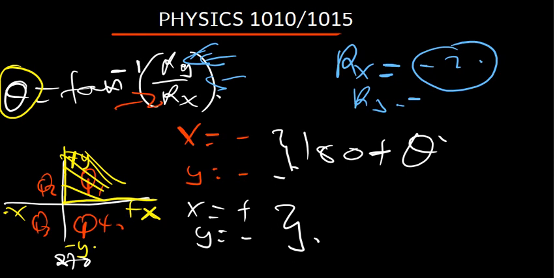Fourth quadrant. Now, in the fourth quadrant, what are we supposed to do? 360 minus the theta.